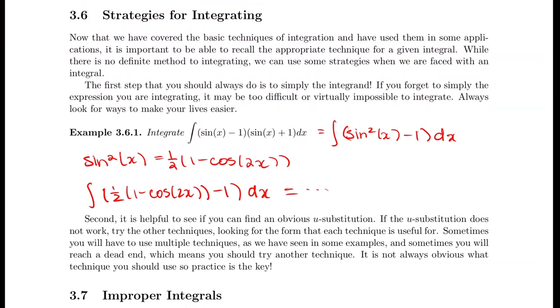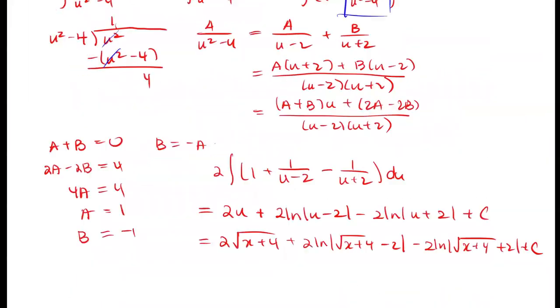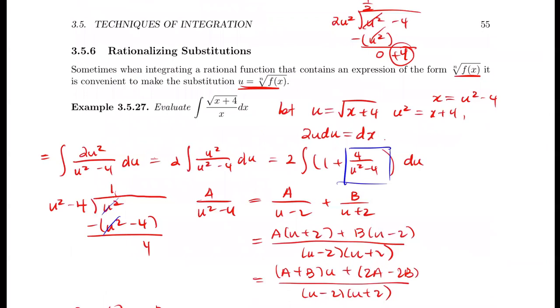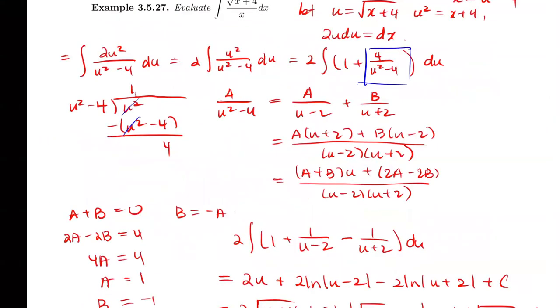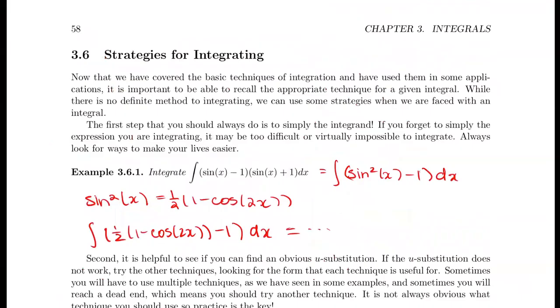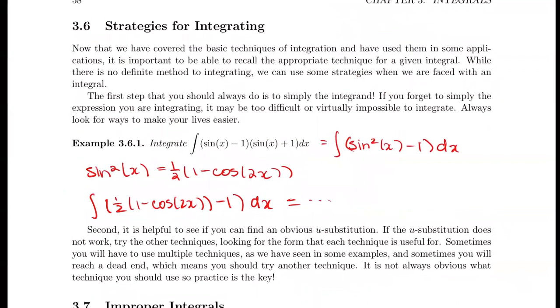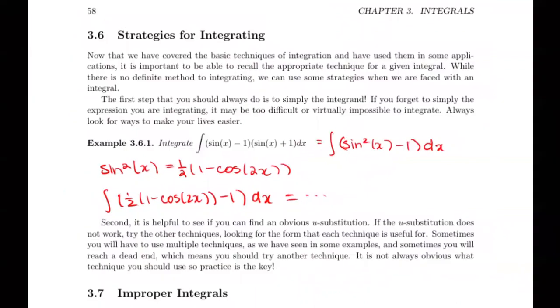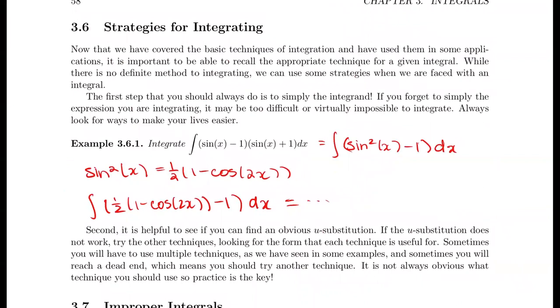Sometimes you'll have to use multiple techniques, maybe a substitution and then partial fractions, which we have seen up here. And that would be the way to solve the integral. It is not always obvious what technique you should use, so if you practice integrating, you should be able to understand the concepts a little bit better.